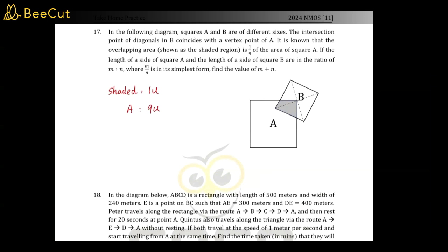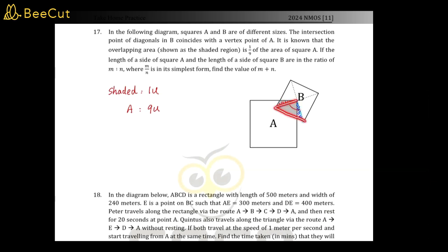Now we can move the shaded region. So you move this part to here. Then now we can see that this is a quarter of the small square. So you move one of the small triangles to the other side.